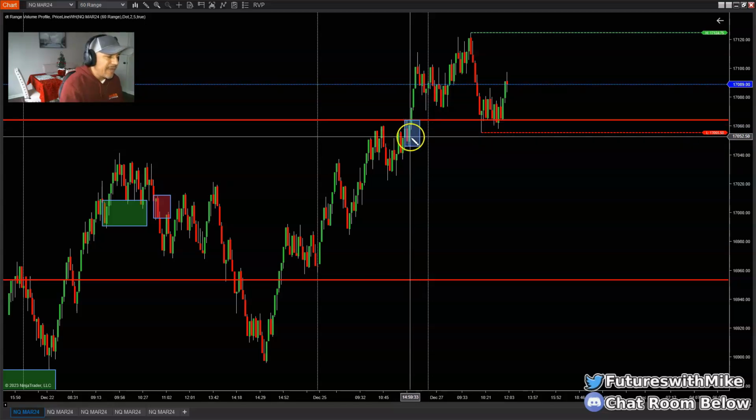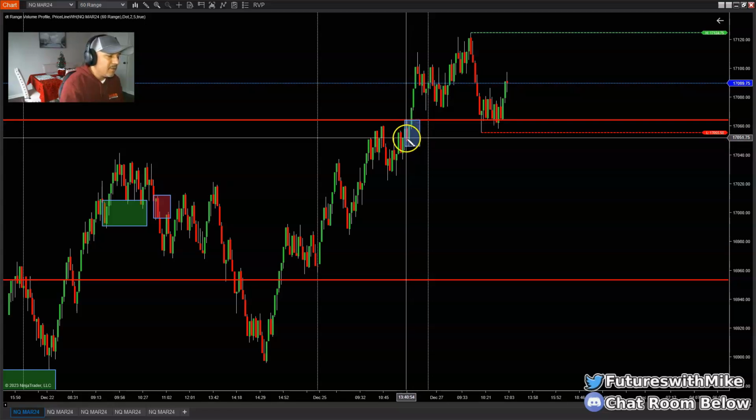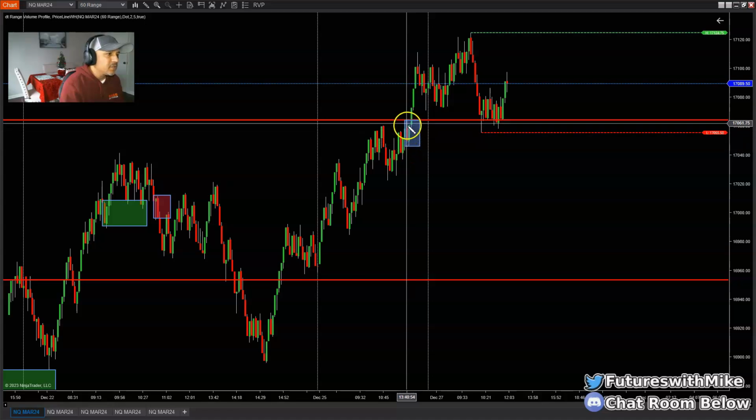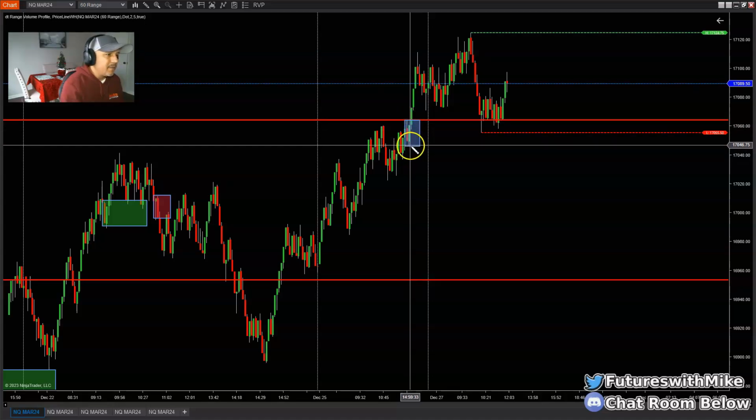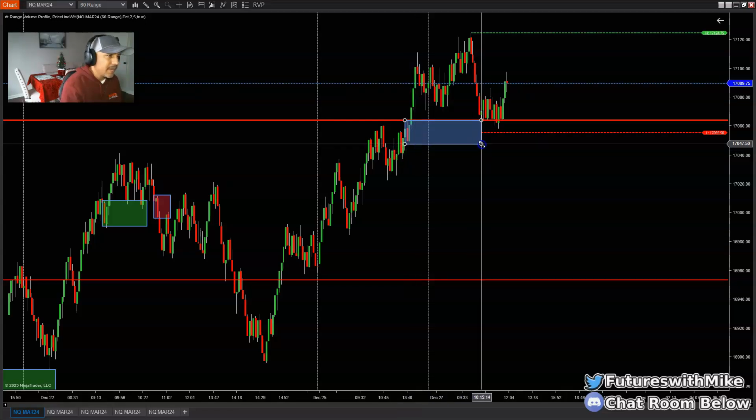You have to include the green candle here, because the wick of that green candle dropped below the body of the red candle. So I draw from the top end of the wick of the red candle to the bottom end of the wick of that green candle, and then I drag it out. That's all I do. Simple as that.